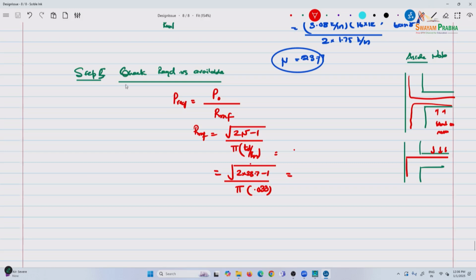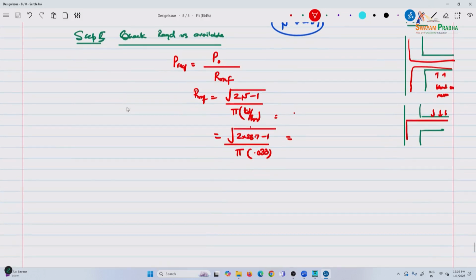Okay. How much is that? 46.4, square root is roughly 46? 65.7, okay.